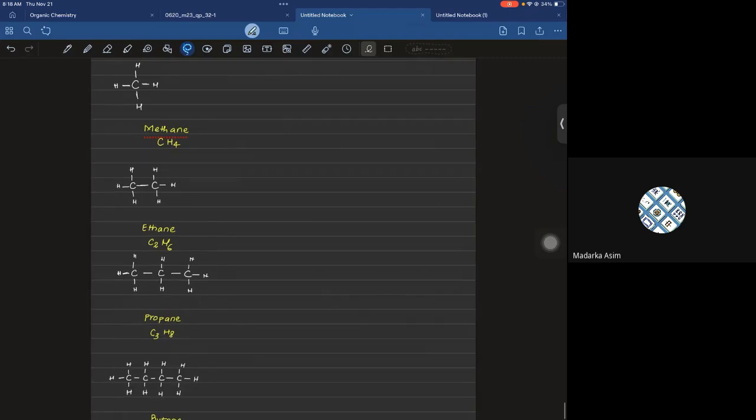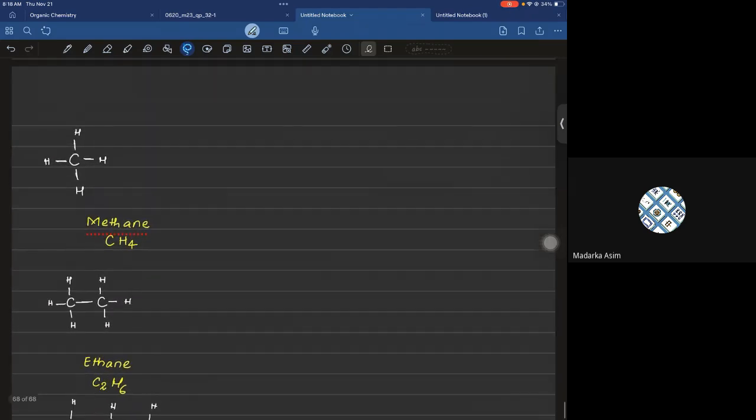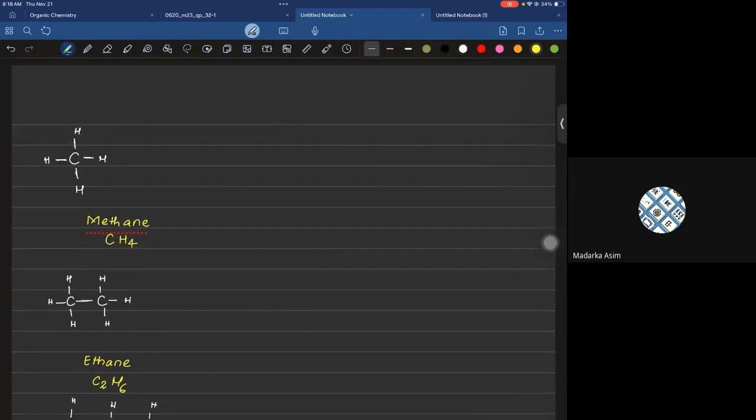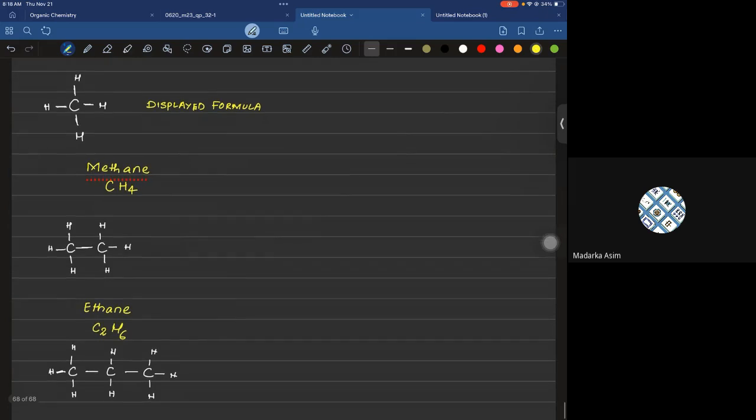Now you can see this formula that I have drawn is called the displayed formula. What is the displayed formula? In this formula, each and every bond is shown.